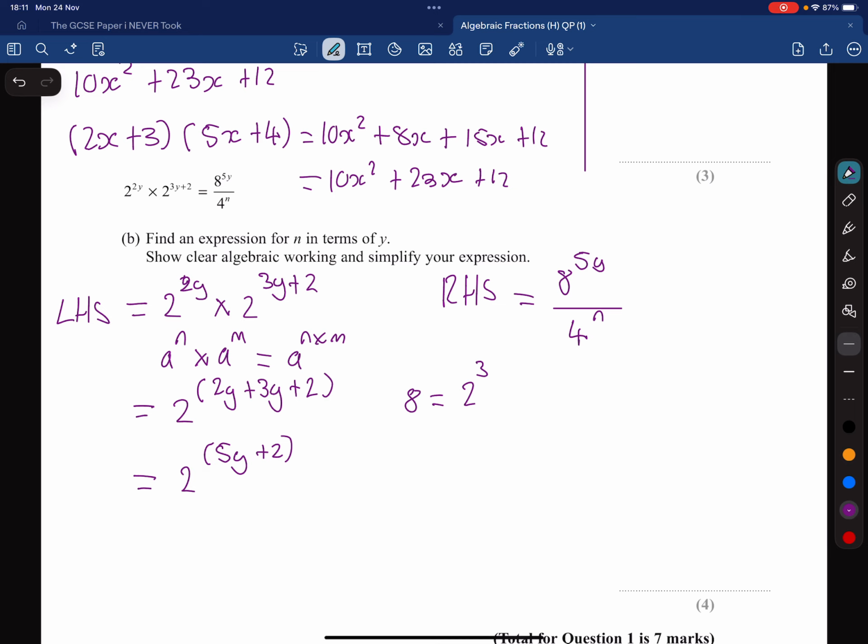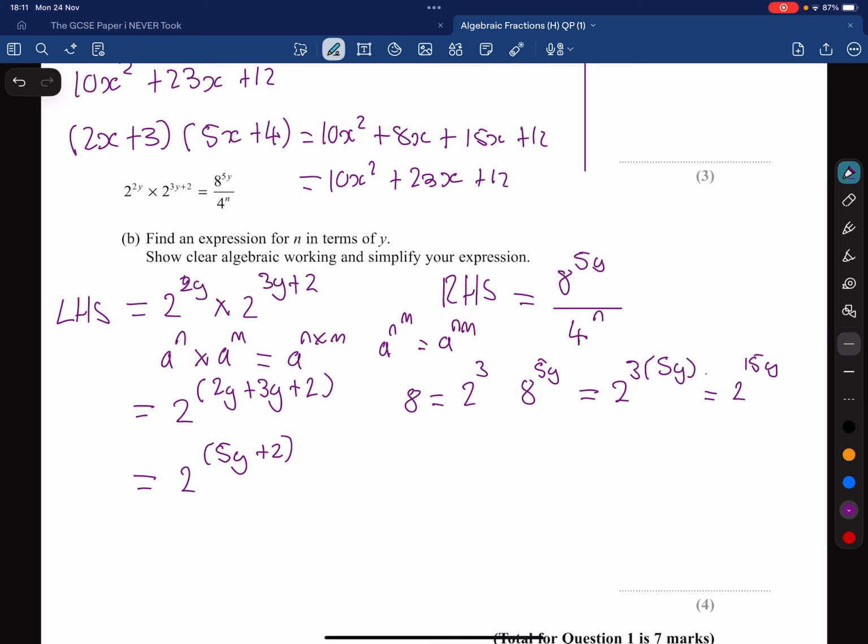So now 8 to the 5y is equal to 2 to the 3 multiplied by 5y. That's because a to the n to the m is a to the nm. Okay? So this is equal to 2 to the 15y.